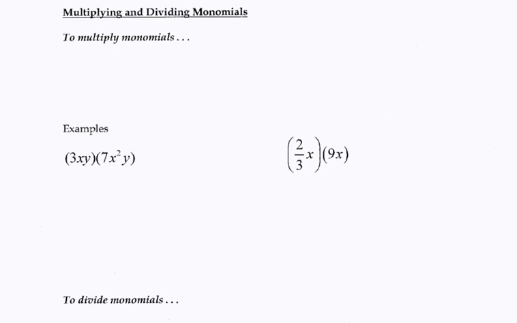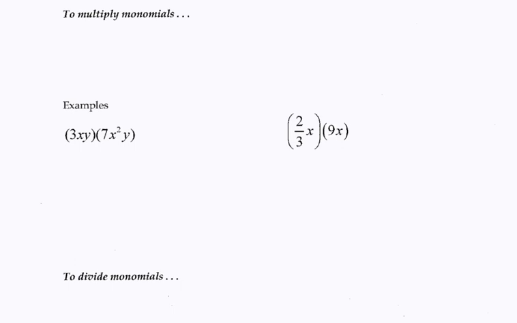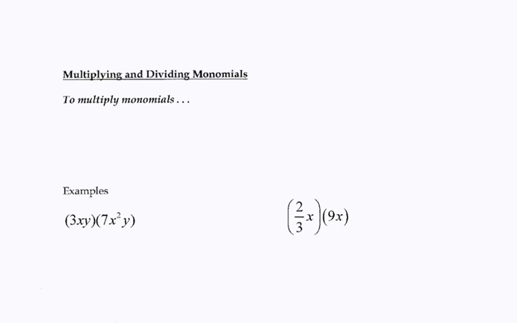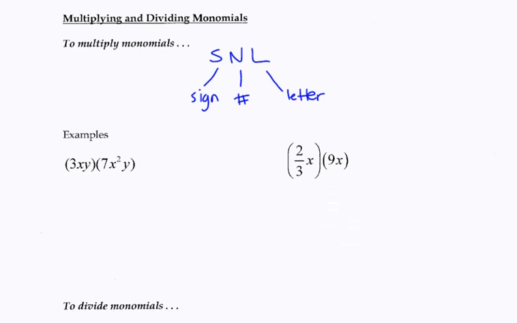Multiplying monomials. We just did this, right? So we talked about S N L, sign, number, letter. Sign, the coefficients. When I say number, I mean the coefficients. And then the letters are the variables. So when multiplying here, we multiply the coefficients.